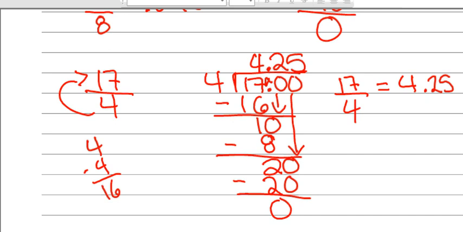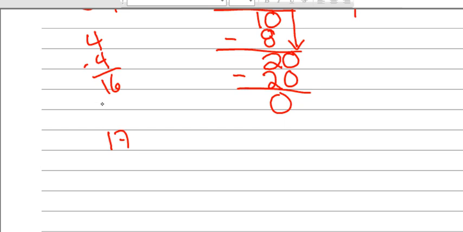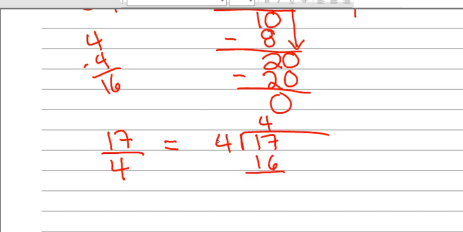Now, if you would like to change that to a mixed number first, and divide that as well, if this is easier for you, it's up to you. Goes in 4 times.